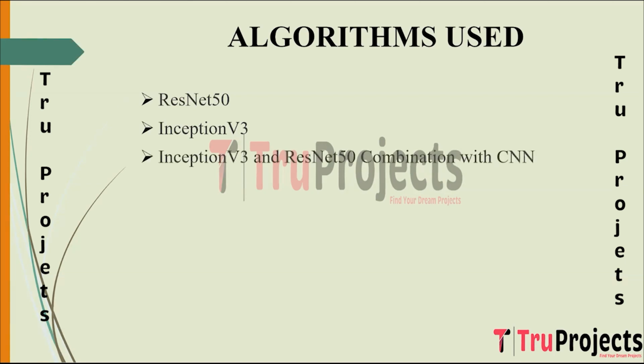Inception V3 and ResNet50 combination with CNN. The combination of Inception V3 and ResNet50 involves leveraging the capabilities of both architectures in a unified manner. This fusion occurs at various stages. Feature extraction, using both networks to extract distinctive features from fundus images. These extracted features are concatenated or combined before being fed into a subsequent CNN layer for classification.